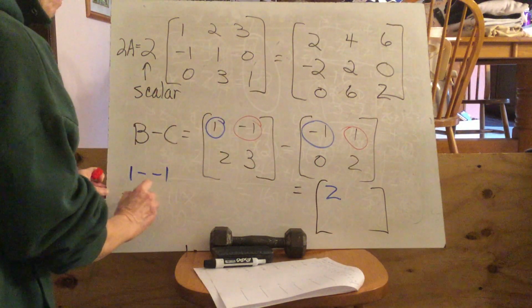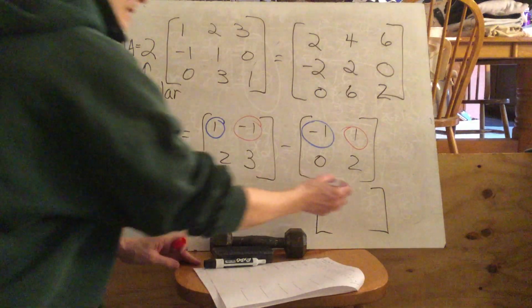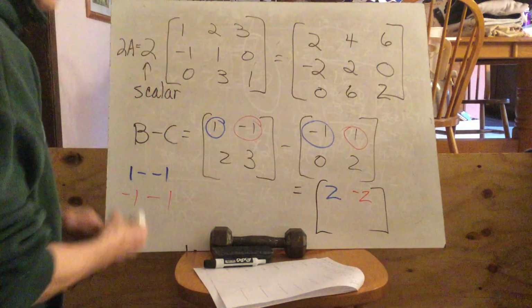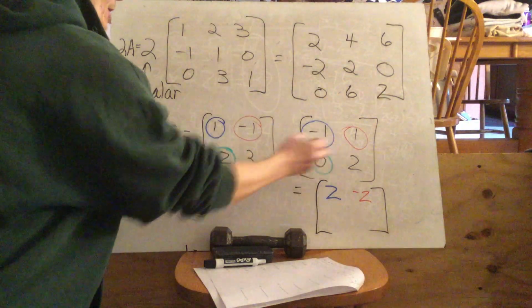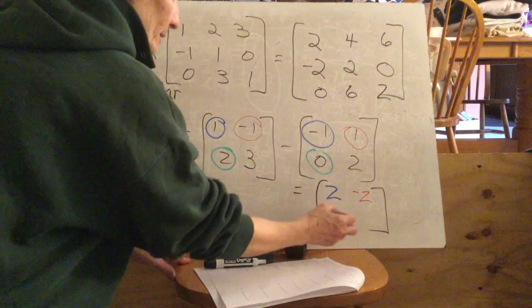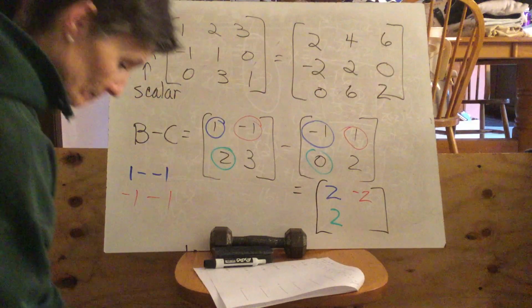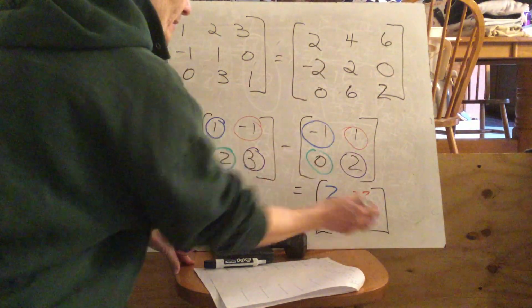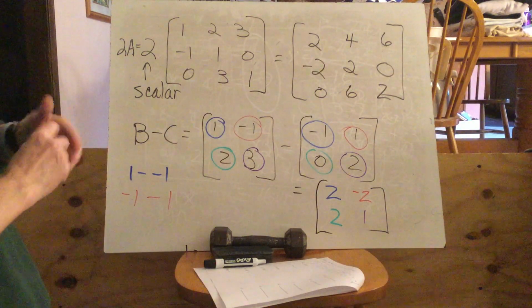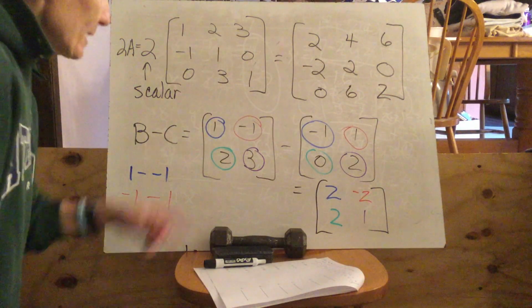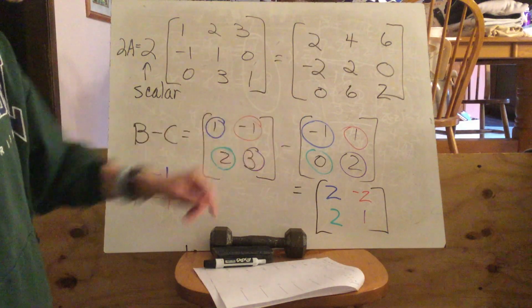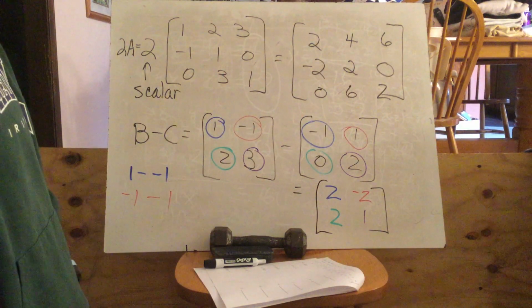Negative 1 minus 1 is negative 2. Two minus 0 is 2. And 3 minus 2 is 1. So again, corresponding entries. So blue minus blue, red minus red, green minus green, purple minus purple.